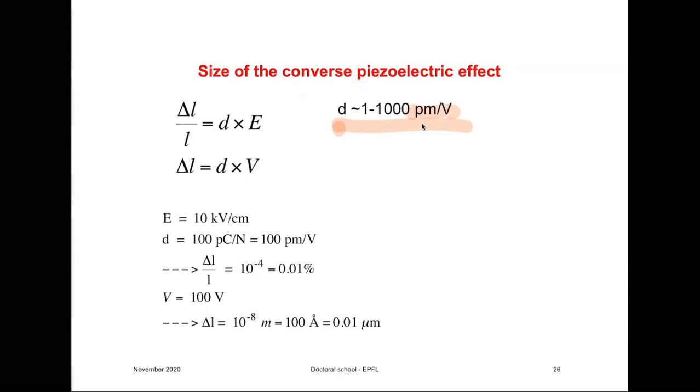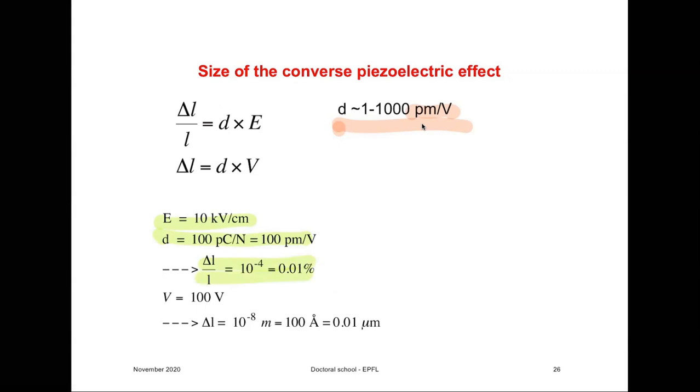So we can look at strain and the displacement. If we look at this first equation here, where I'm considering a field of 10 kilovolts per centimeter, that's 1 kilovolt per millimeter, and a piezoelectric coefficient of 100 picometers per volt, for typical hard PZT you would get a strain of about 0.01%.